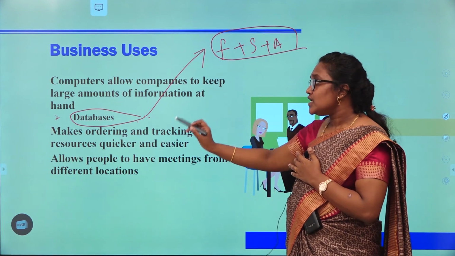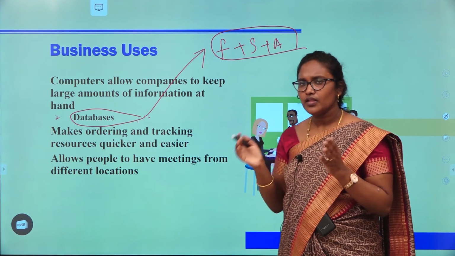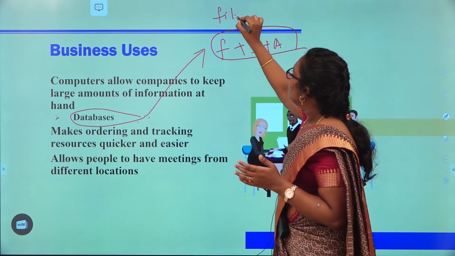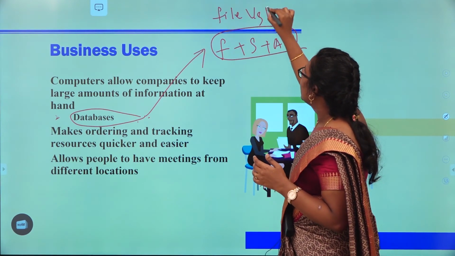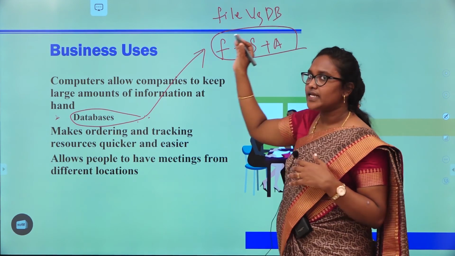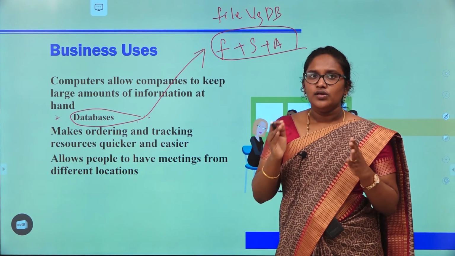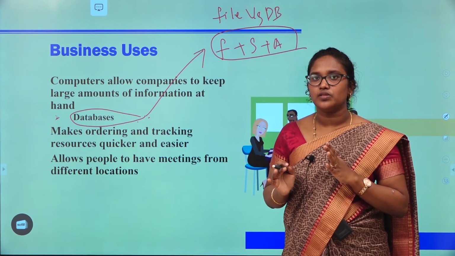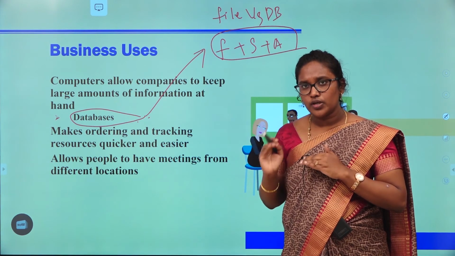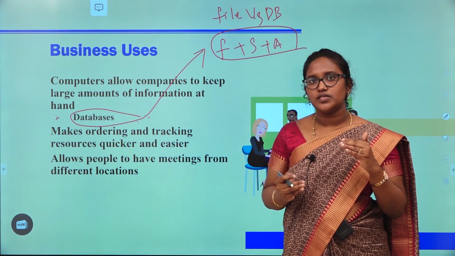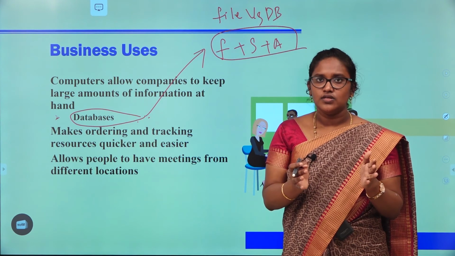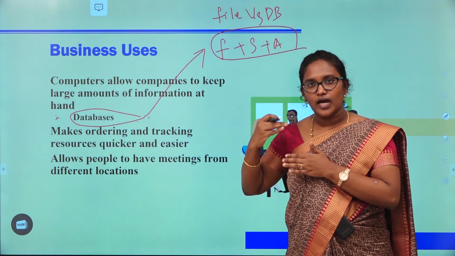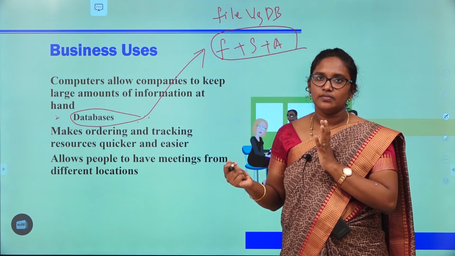So what is the need of this database? If you understand the difference between file versus database, you will understand very clearly the need of this. You are having 10 student information with you and you are storing it in a file. Similarly, 100 student details are there and you are storing them in a database.